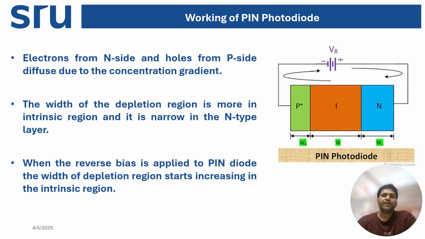Photocurrent is directly proportional to the intensity of incident light. So, more light, more carriers and higher current, meaning if light increases, carriers also increase, and similarly current also increases in the PIN photodiode.